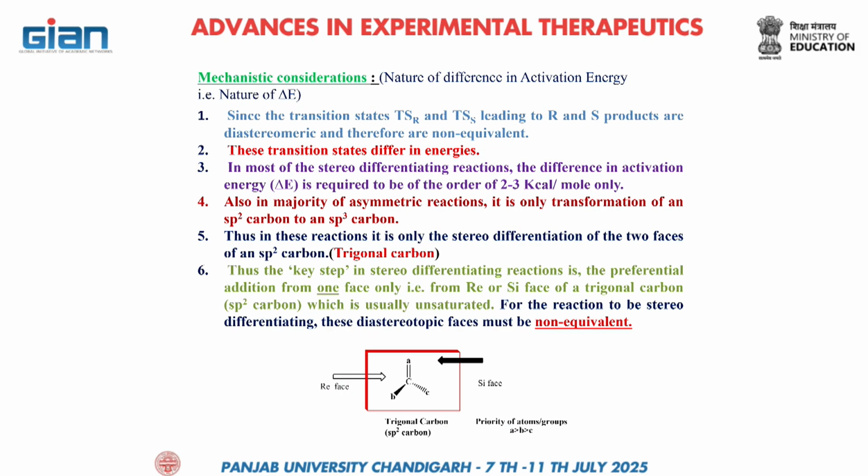So now I am concluding these two slides in a way that shows what exactly we have to see. Just see the last line, what we have written: for the reaction to be stereo differentiating, these diastereotopic phases must be non equivalent.